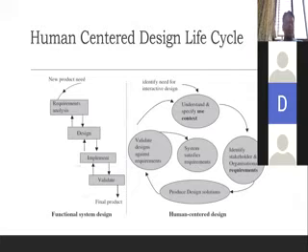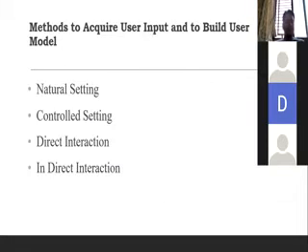So these are the four activities of the human-centered design lifecycle, and we have seen the four design principles of human-centered design. In this slide, we will discuss essentially the methods to acquire the user input and to build the user model.